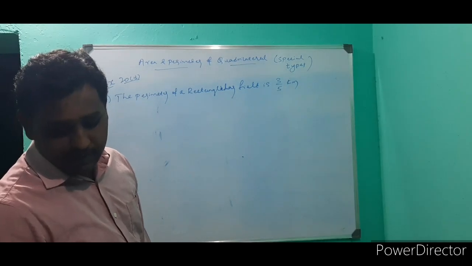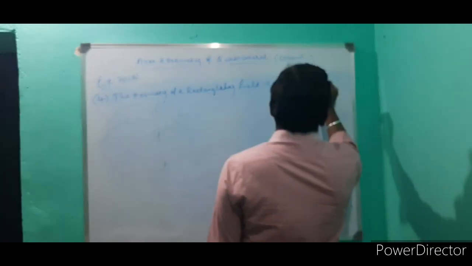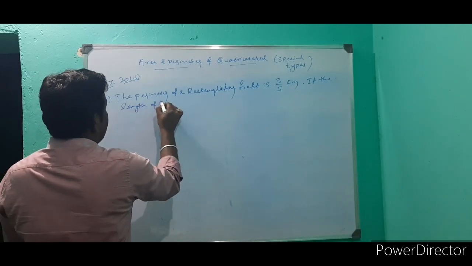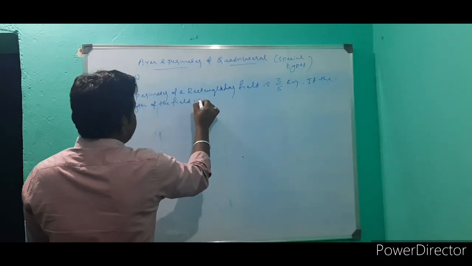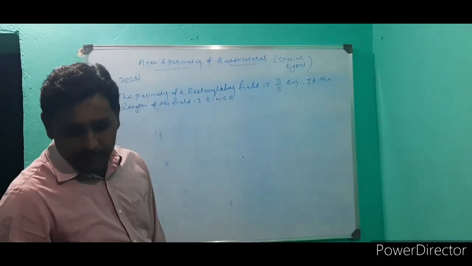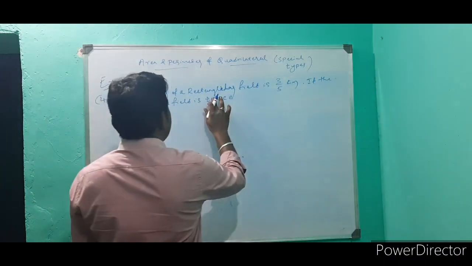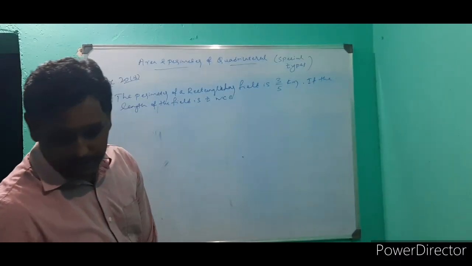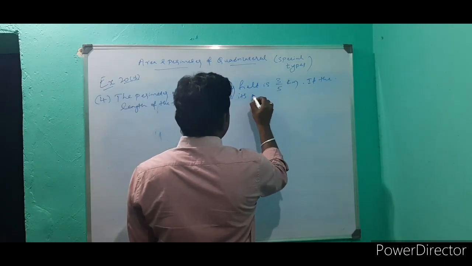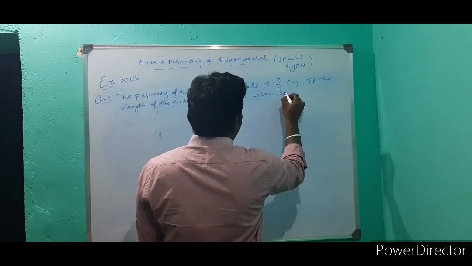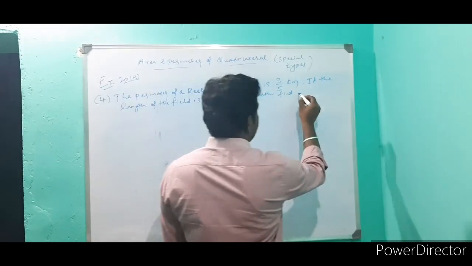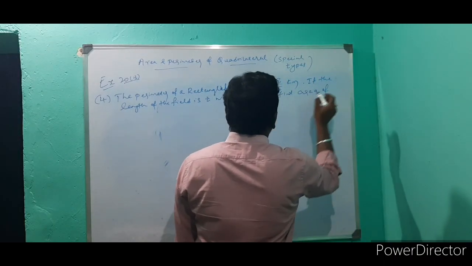If the length of the field is twice its width, find the area of the rectangle.